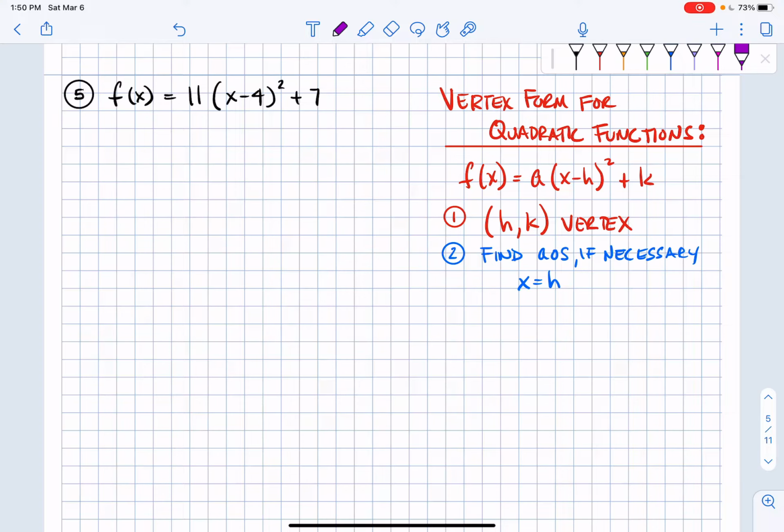Number 5 is asking for the axis of symmetry. In order to find my axis of symmetry when it's in vertex form, I need to find the vertex first. Since f of x is equal to a times x minus h squared plus k, my vertex is h, k, so it'll be 4, 7.